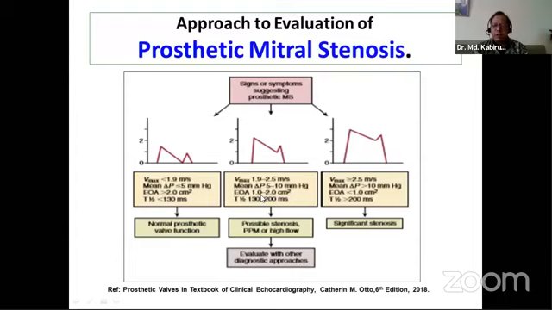For the aortic valve, you have to measure the ejection time and the acceleration time and take their ratio. That is the main way to differentiate genuine prosthetic valve obstruction from the high flow state and regurgitation. I have explained all the components individually, that's why I skipped it, sir.